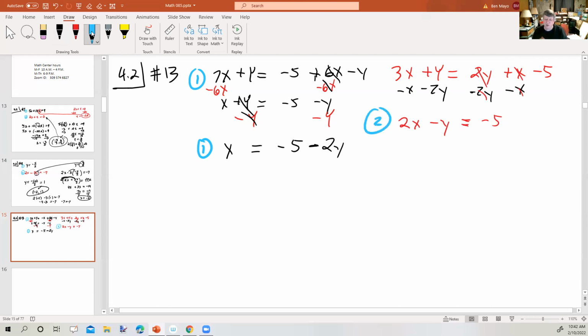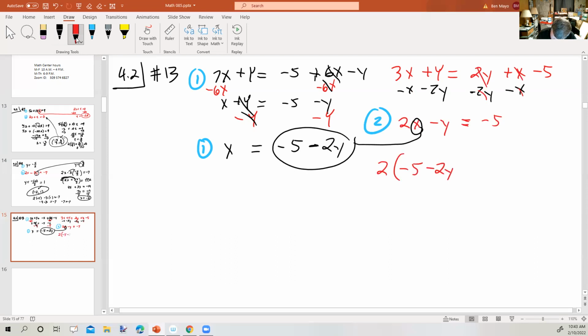All right, so it's almost like I'm starting the problem over now that I've simplified the 2 equations. My first equation has been solved for x. So I'm going to take the fact that x equals all of that and put it in the other equation. So now I get 2 times x, but x has been replaced with -5 minus 2y, and then minus y equals -5.